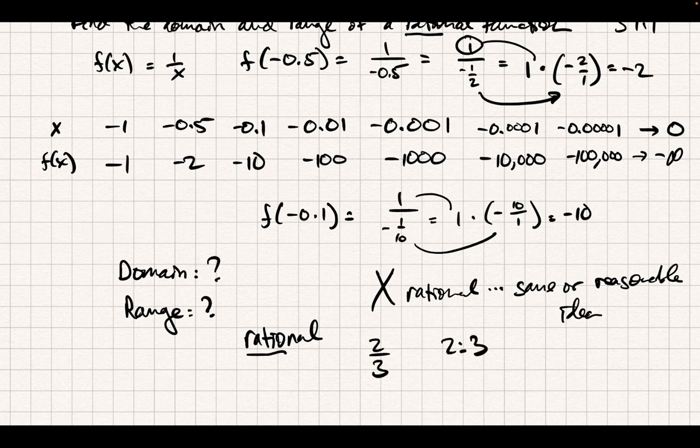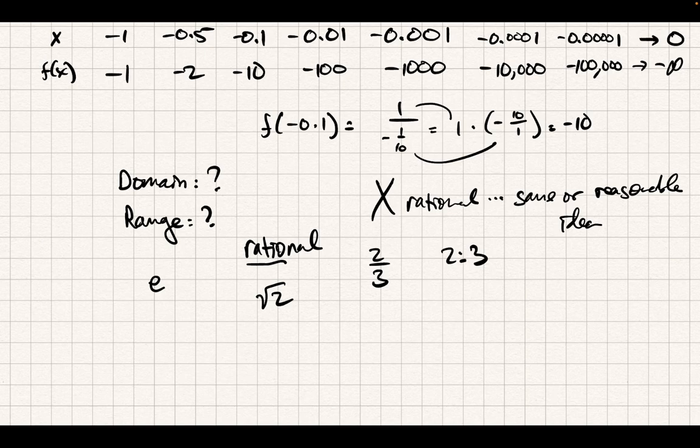Yes. So a rational number is anything that can be expressed with integers in the numerator and the denominator. So is square root of 2 a rational number? Is e a rational number? No. Is pi a rational number? Why isn't square root of 2 rational?